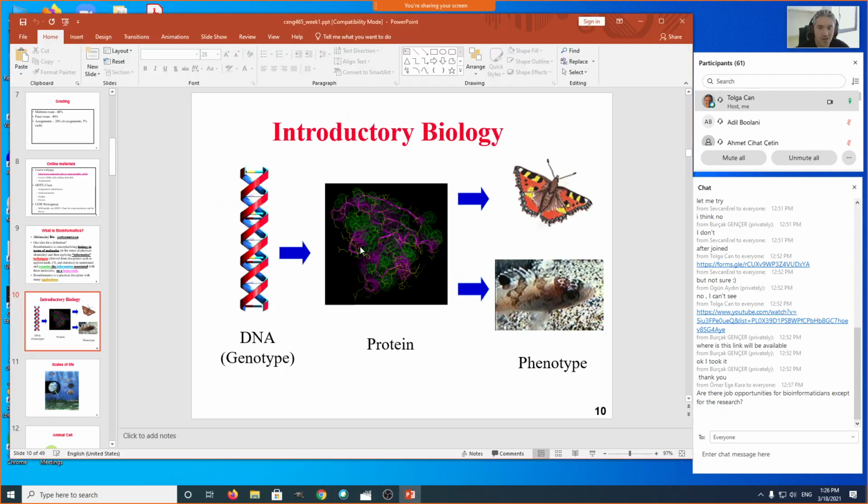Just to show you this, what makes this protein structure, the information is contained within the DNA. It makes a certain type of protein, which is specific to that organism most of the time, and that repertoire of proteins most of the time makes these different phenotypes, the observed properties of these organisms.